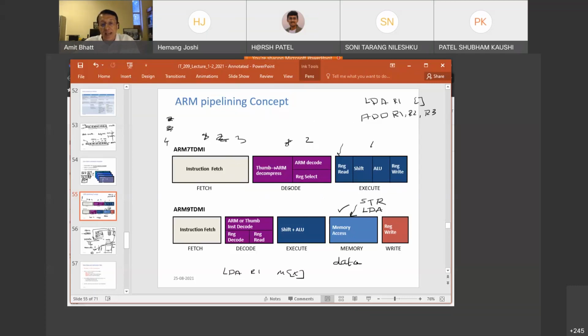When your add instruction is here, your load instruction is here. So that means it has not been able to yet contact the data memory to put in the value. So if it reads the value of R1 at this stage, it will be a wrong value of R1 and your program will be destroyed. Why? Because you are reading the old value of R1, which was there before this.